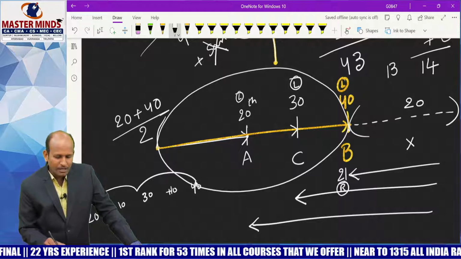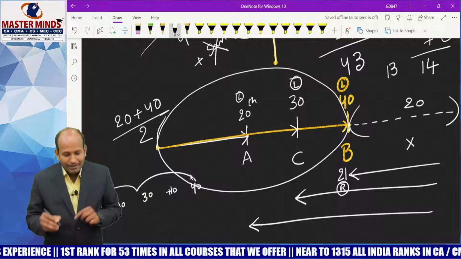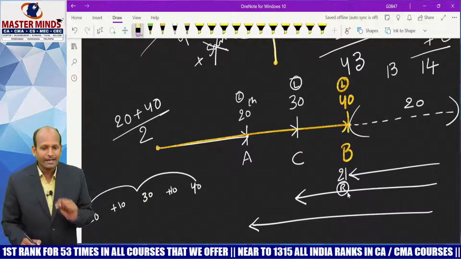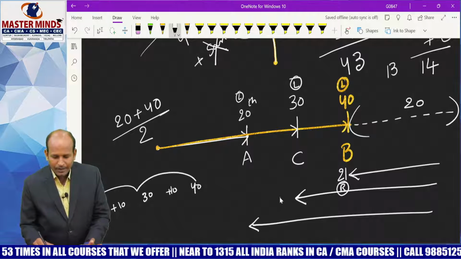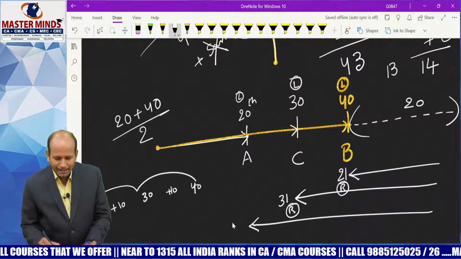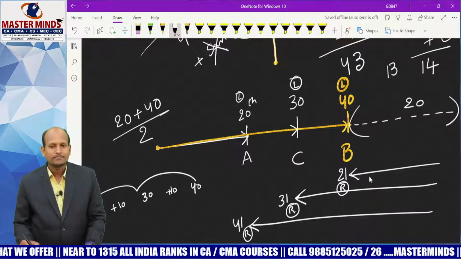So there is a difference of 10, 10, 10 from the left side. In the same way, A, B, C have the same difference from the right side. B is already 21 from the right side. Now 21 plus 10, C is 31 from the right side. Again 31 plus 10, A is 41 from the right side.